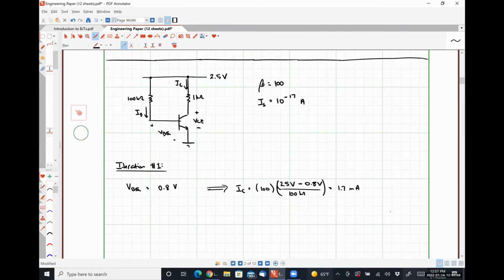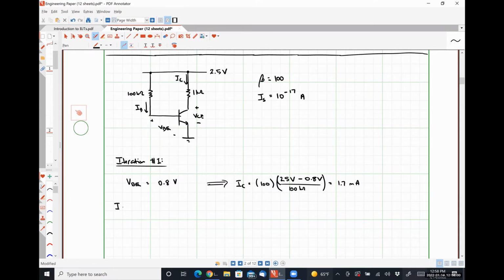For iteration number 2, we can say that our base emitter voltage, VBE, is simply VT times the natural log of IC over IS. This guy comes about from simply rearranging our equation for IC as a function of VBE.